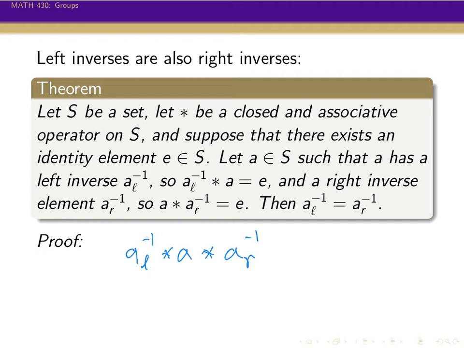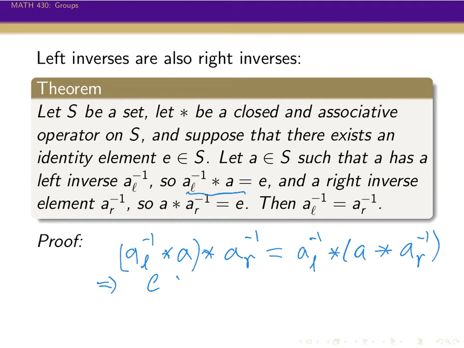Okay. So on the one hand, if I group those two together, by associativity I'm going to get the same thing as I would get if I grouped the other two together. And so this is by associativity. Well, on the left-hand side here, we have A sub L to the minus 1 star A, that's the identity.